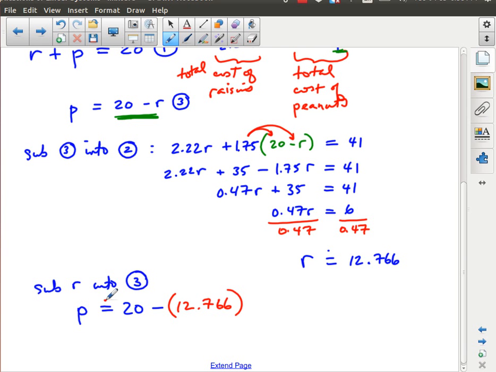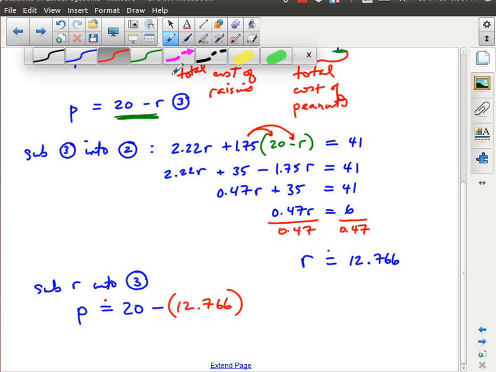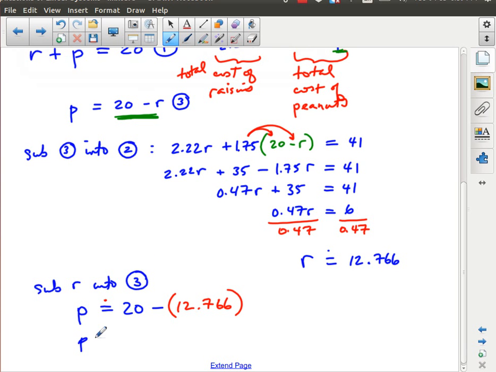And this is approximate now. As soon as I put an approximate value into my equation, my whole equation becomes approximate. And so P is equal to 20 minus my answer, and that gives me 7.234, and that is also approximate.